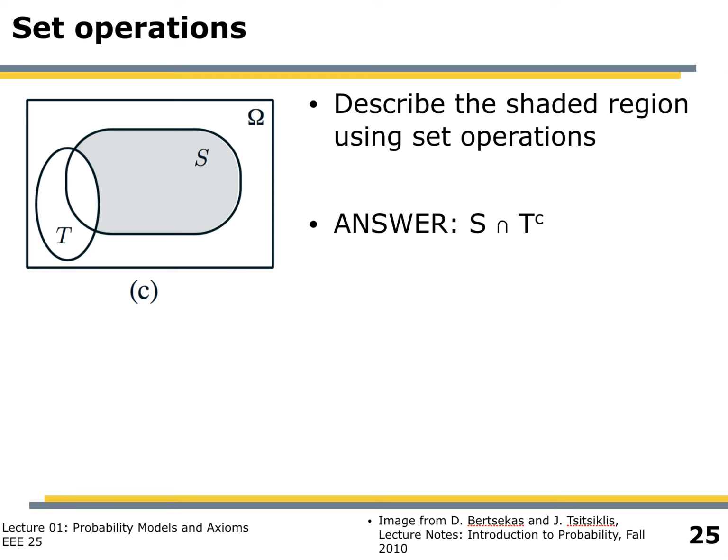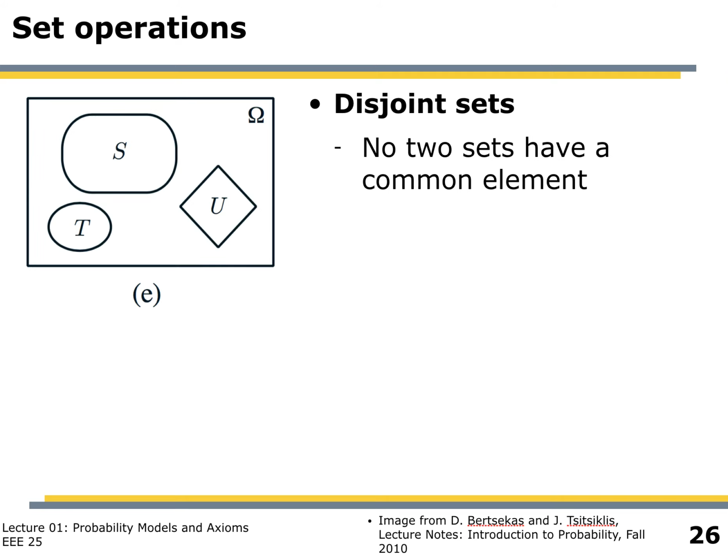Finally, we've talked about intersection, union, and complement of sets. Another terminology associated with sets is the concept of disjointness. So here we have disjoint sets, and basically disjoint sets are sets with no common element. Basically, if you have sets and they are said to be disjoint, then any pair of sets doesn't have a common element.